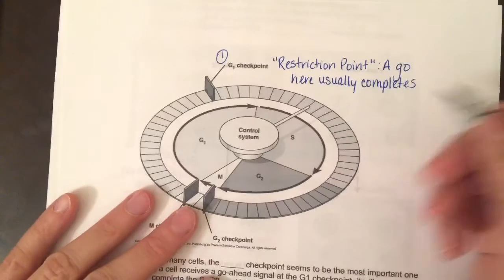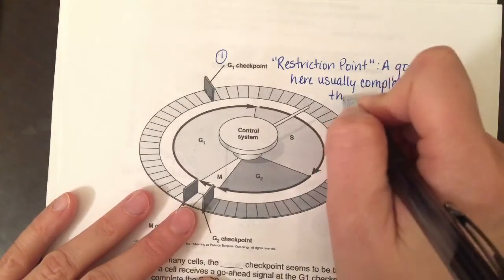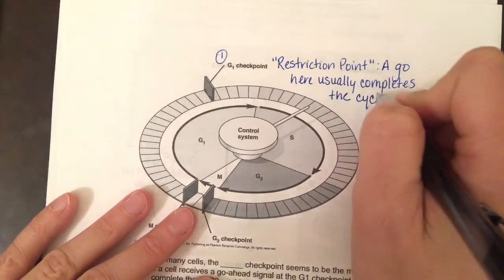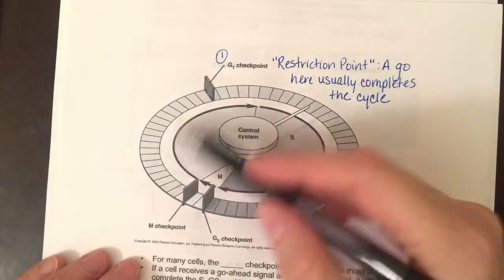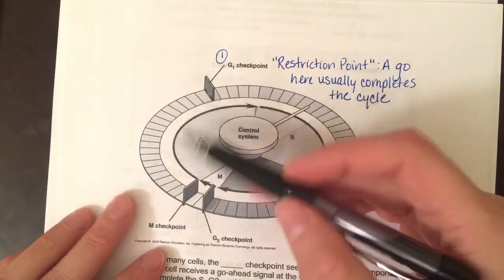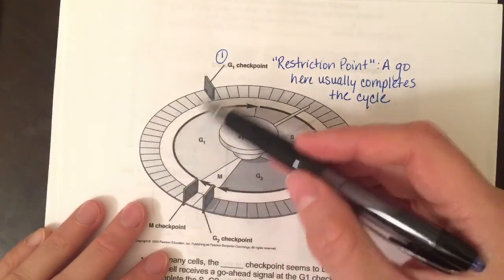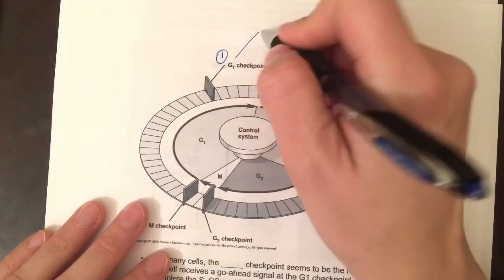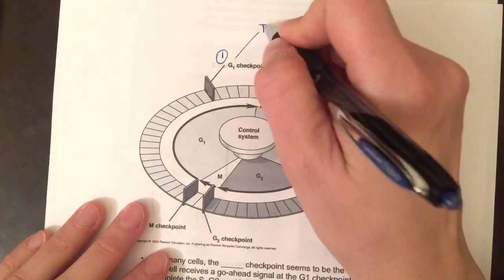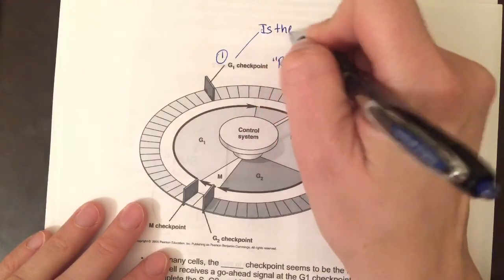What the checkpoints are doing basically is checking to make sure that up until that point things have happened properly. So in the G1 phase, the cell is beginning to grow. So at the G1 checkpoint: is the cell behaving properly?